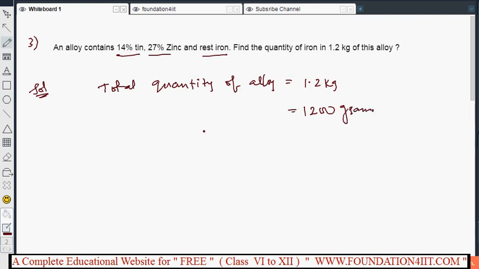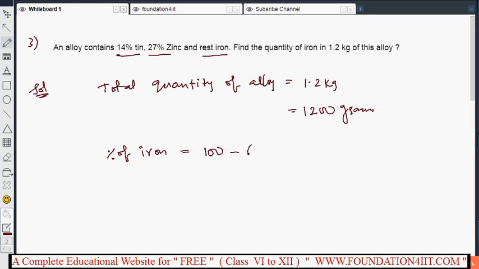Okay, now percentage of iron. Iron percentage you'll find out first, because you need to find out the quantity of the iron only. Since iron percentage, we should add tin and zinc, subtract from 100, because total is 100%.